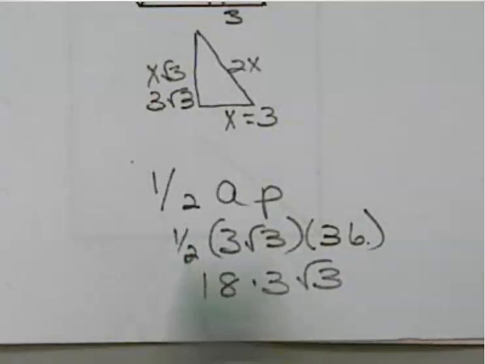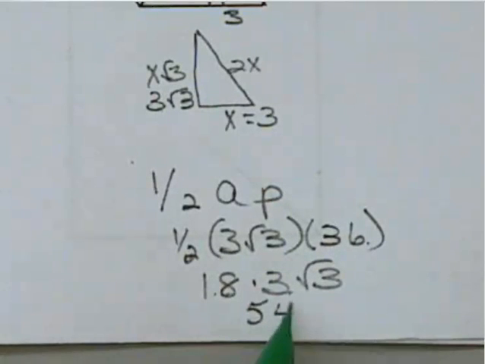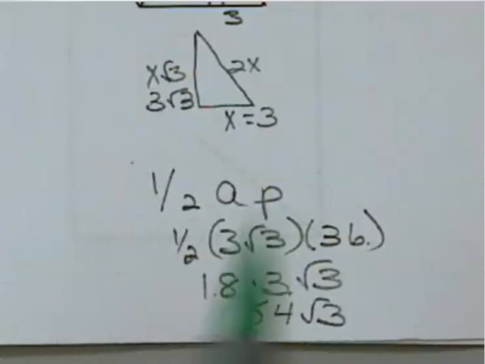Half of 36 is 18. 18 times 3, that's going to give us 64. I'm sorry, 54. 54 square root 3. Okay, and we'll stop your notes right here, and we'll come back to this at a later date. Thank you.